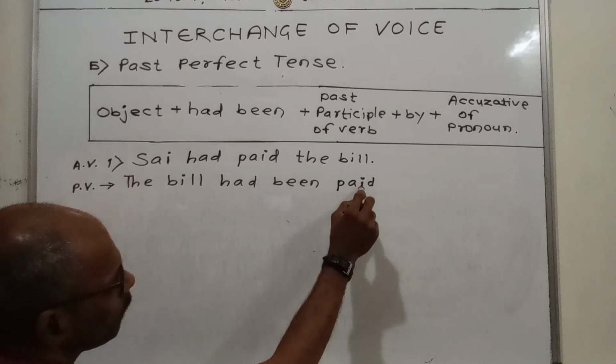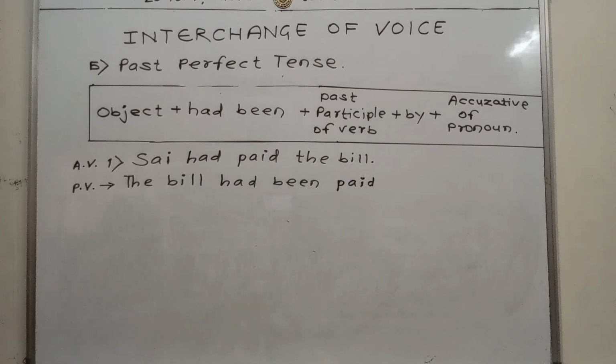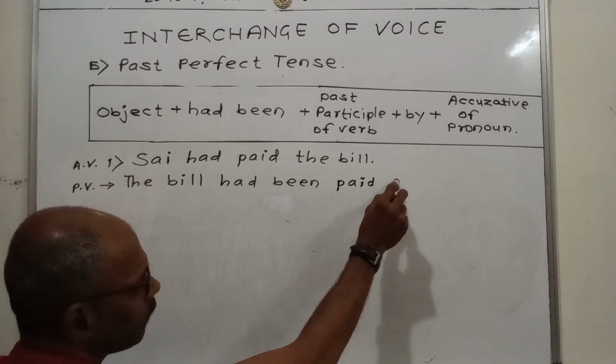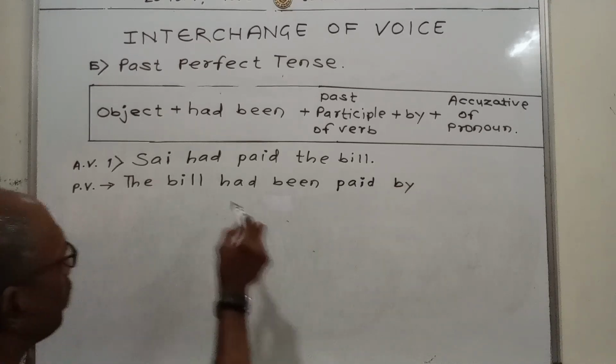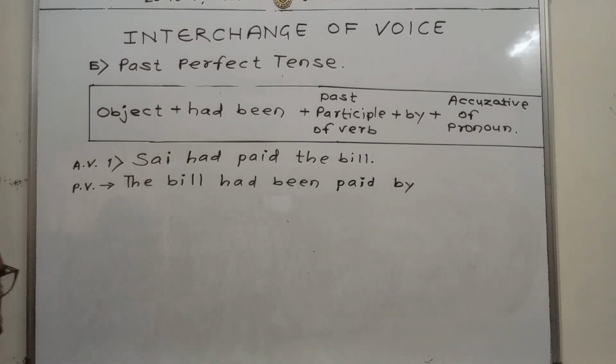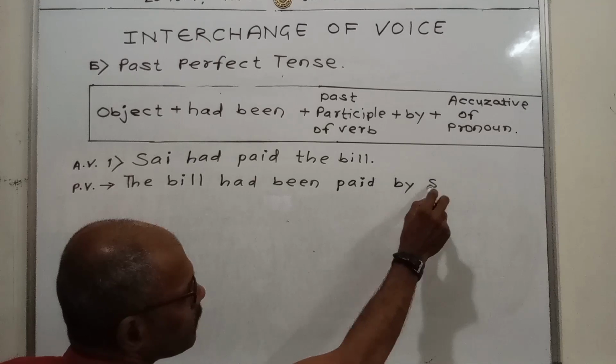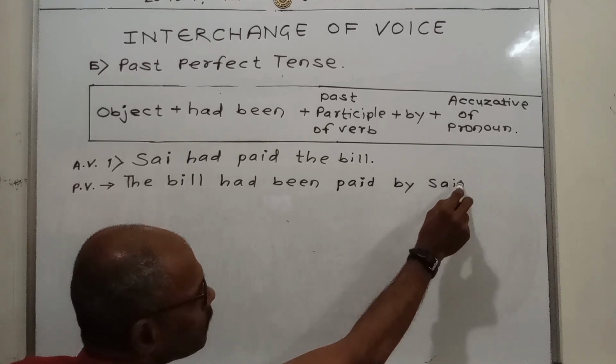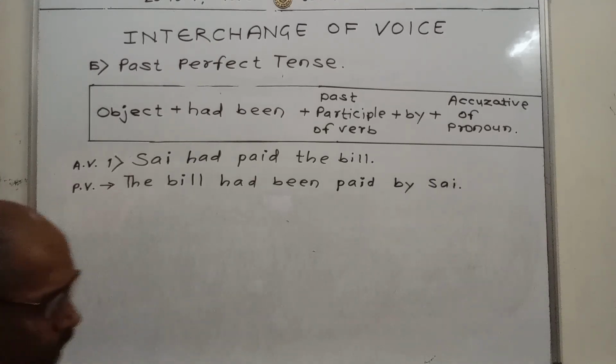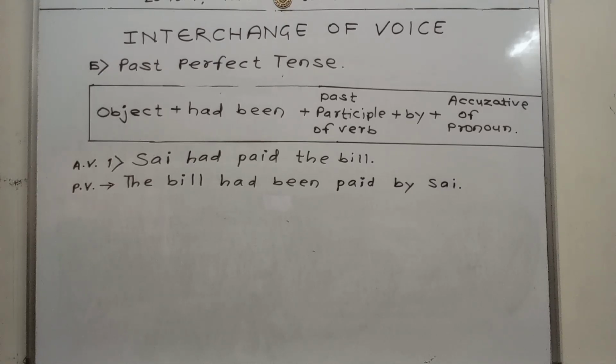That is our past participle of verb. Then by. Then Sai is a proper noun. So remains same. Sai. Did you get it? Then next one.